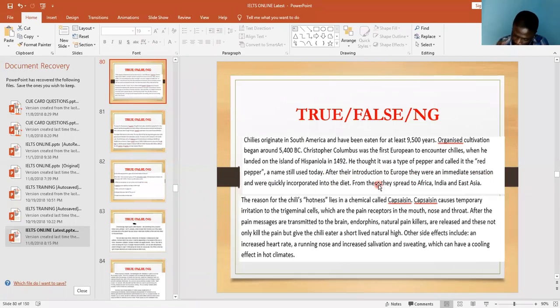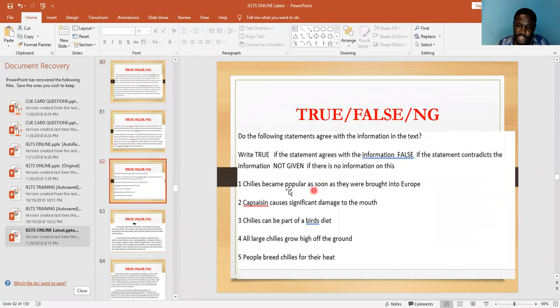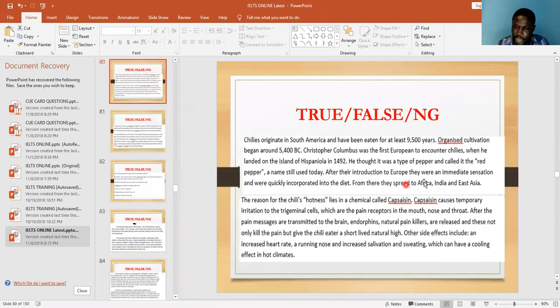So every word that is in the question, you need to verify. Chilies is represented by they were. Immediate sensation replaces became popular as soon as.